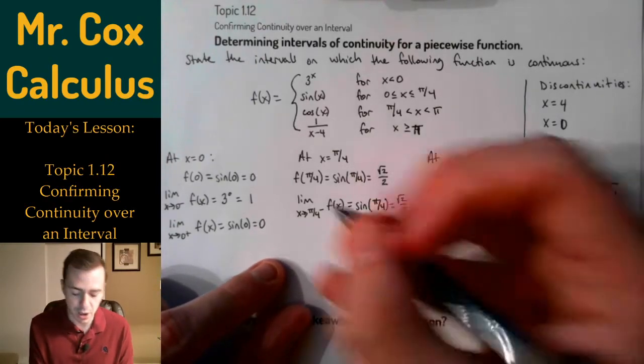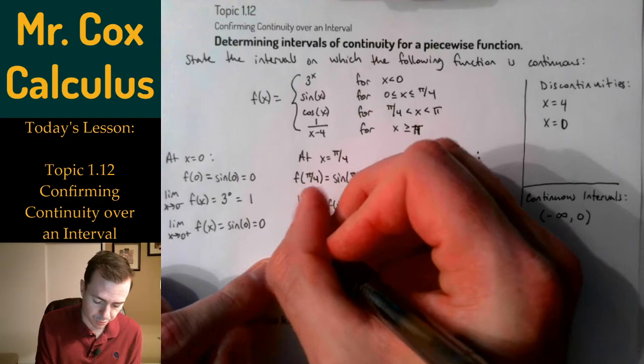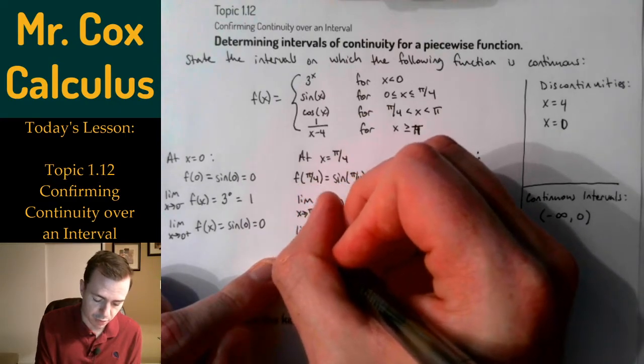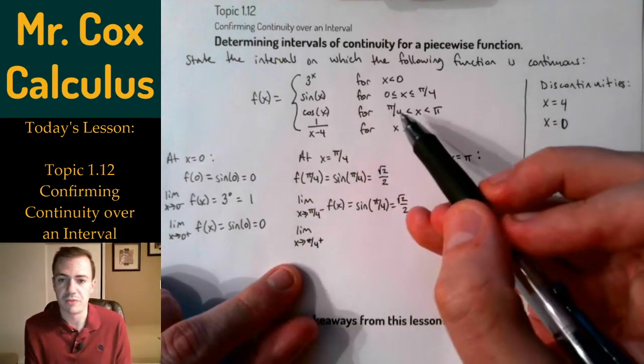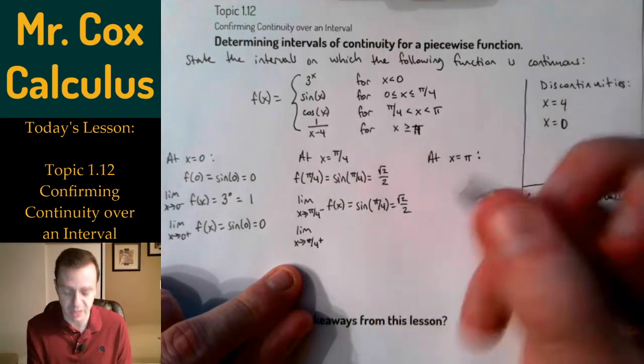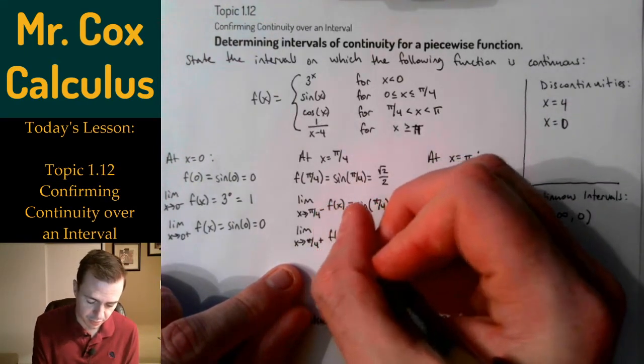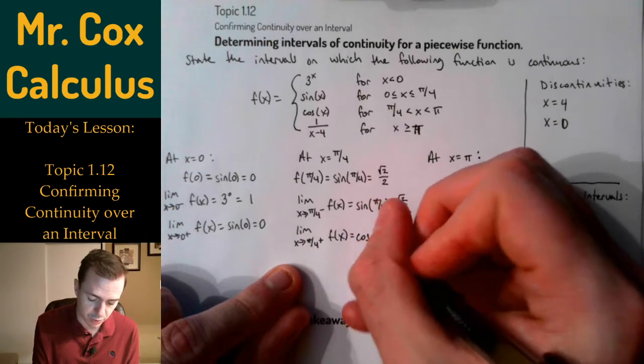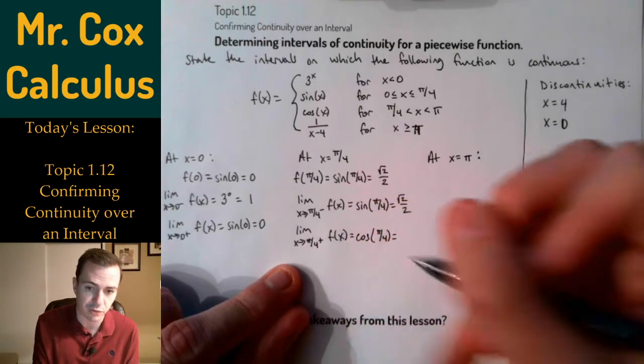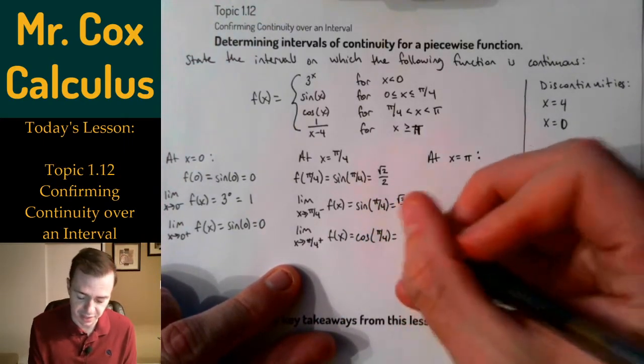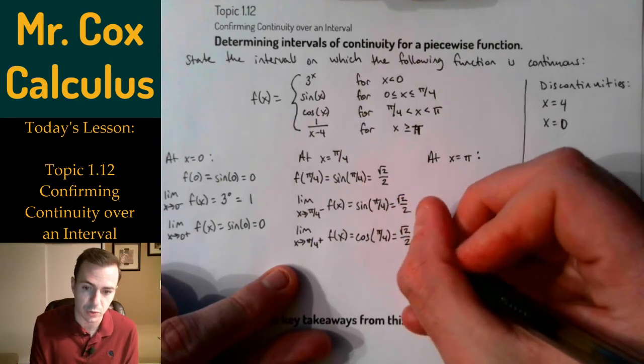As I approach pi over 4 from above, so x approaching pi over 4 from above, values greater than pi over 4, I'm looking at cosine of x. So that is going to direct substitute into cosine of pi over 4. It just so happens that that is also equal to the square root of 2 over 2.